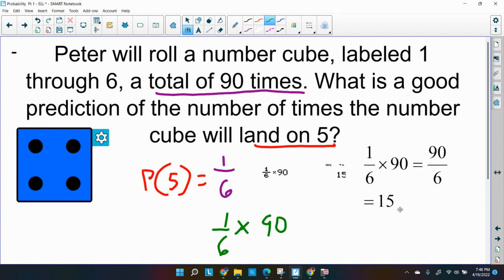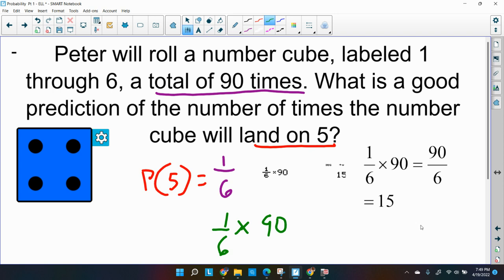But we really don't know if he's going to get 15 unless we actually did something called experimental probability. What that means is actually doing an experiment by taking a dice cube and rolling it 90 times to see what you really get. Will you get 15? And that's a nice experiment that I like to do, which introduces you to what's called experimental probability, when you're actually doing something to see what comes out. So that's the fun part of probability.